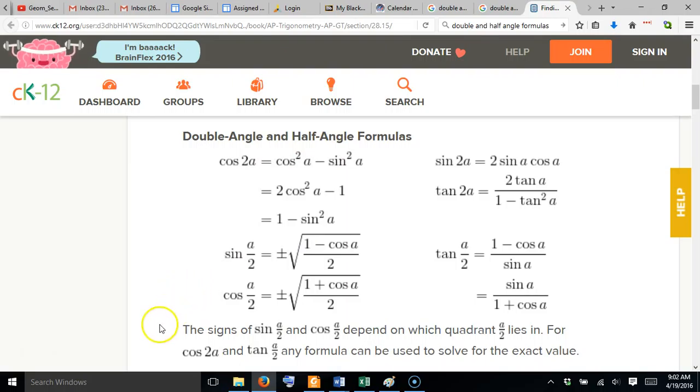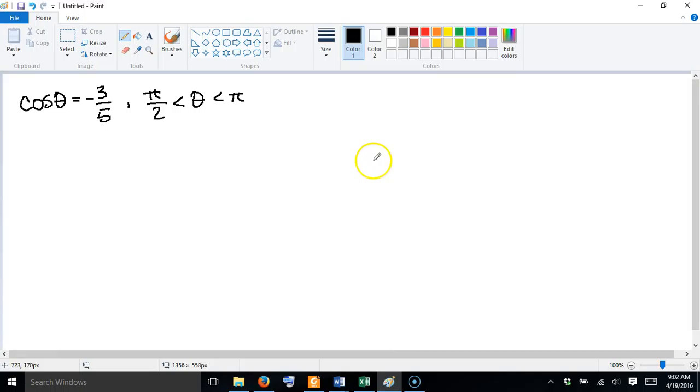So from what we are given, since we're given cosine, we can go ahead and find sine. That would be the first thing I do: find everything before trying to apply any of the formulas that we have.